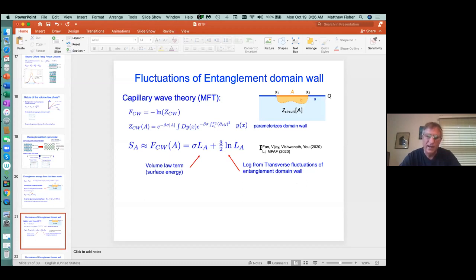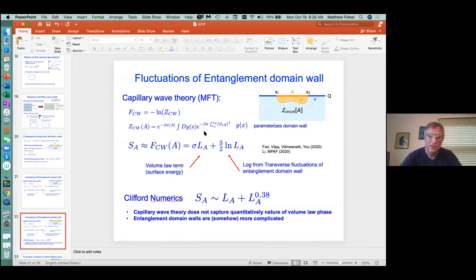This was found in a lattice version of a similar model by Fan, Vijay, and Vishwanathan and Yu, where they found a universal coefficient of 3/2 within essentially capillary wave theory. But this actually differs from the Clifford numerics, which rather than a logarithmic background gave a small power law of 0.38.